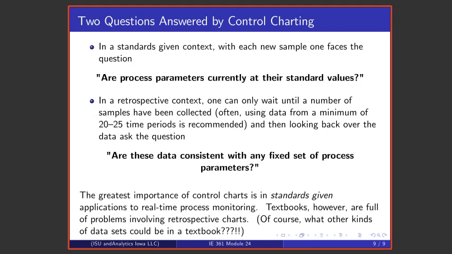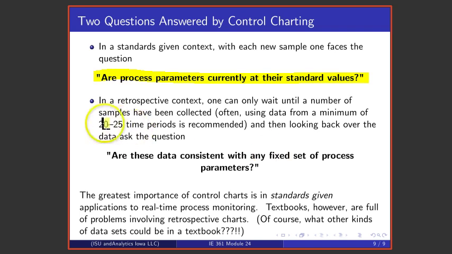In a standards given context, with each new sample that one sees, one is essentially in real time asking, are process parameters currently at their standard values? That's a real-time kind of question. In a retrospective context, one doesn't operate in real time.